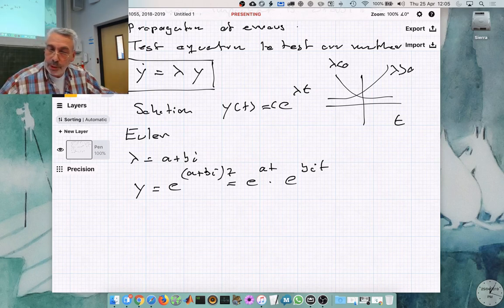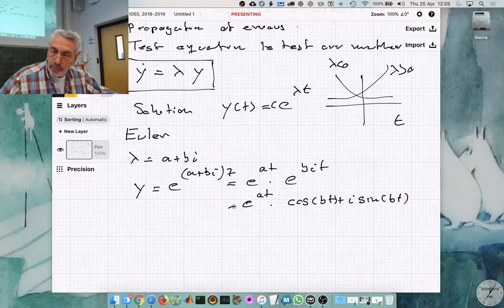Yeah, this always moves in a circle. Or in other words, what did Euler say? Cosine bt plus i sine bt, right? Wow. So now what do I have? I have either growing or decaying, and I have oscillatory.